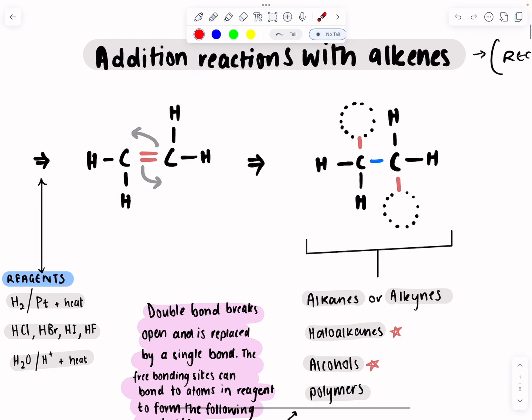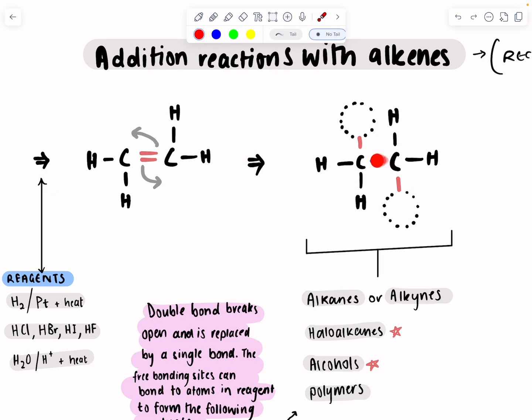And so I want you to think of these bonds as possible parking spaces. If I am opening up one of the bonds and opening up one of the bonds over here, that means that if there's 1, 2, 3 bonds, each carbon has 1 more possible parking site to be filled.